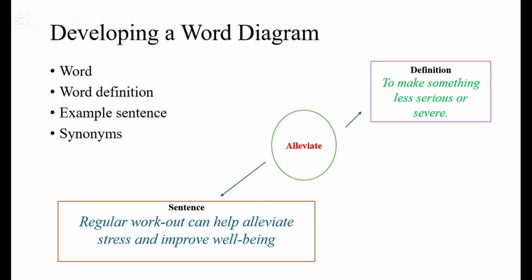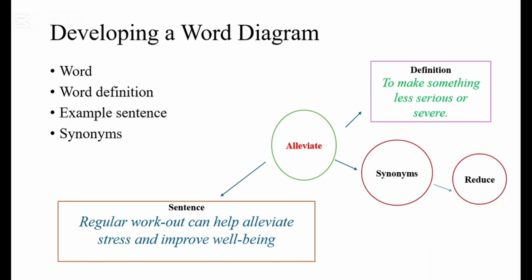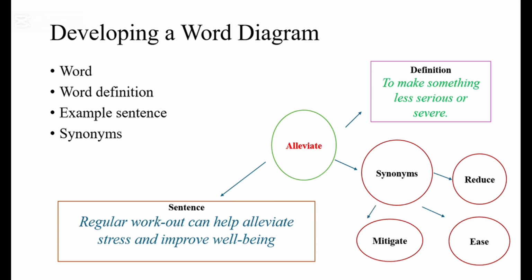What could be the synonyms? Here are different synonyms that you can write on a paper, so you can make a diagram like this. For alleviate, the synonyms could be reduce, ease or mitigate.